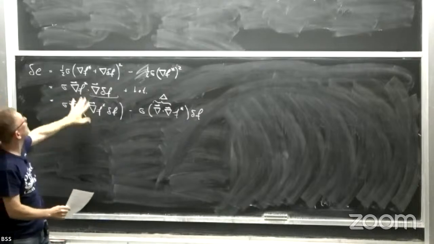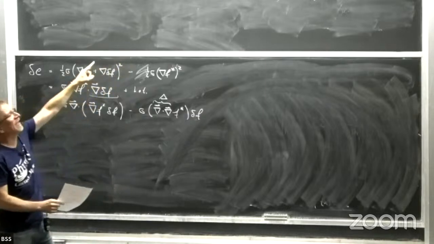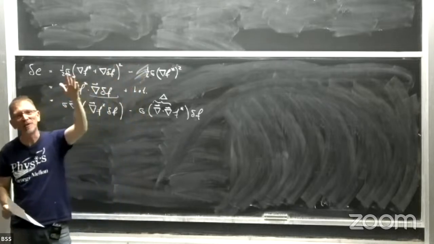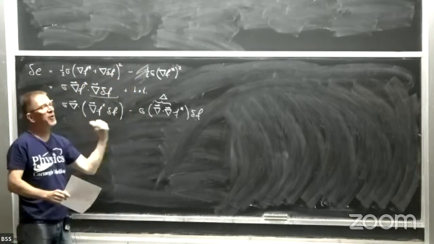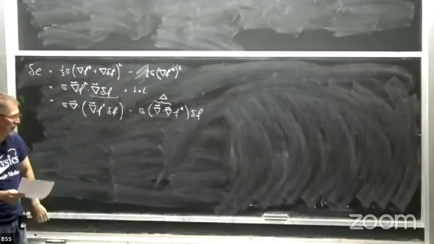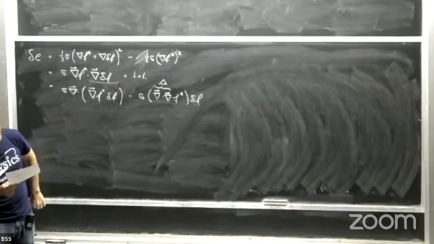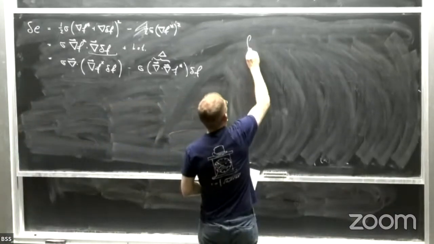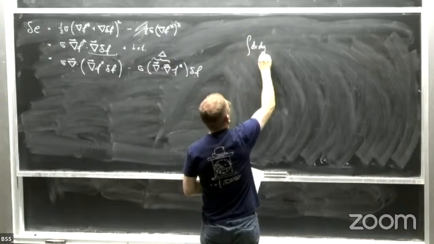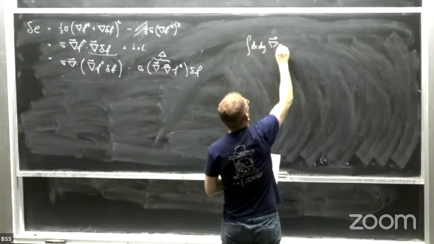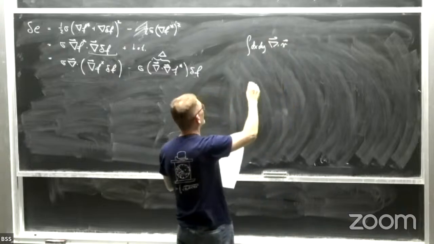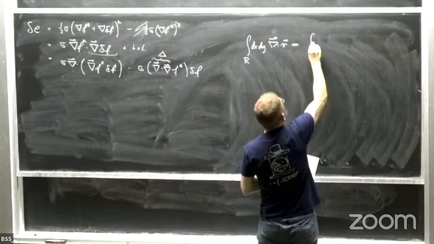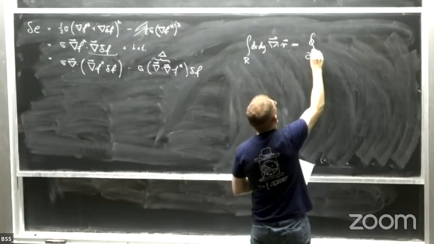And I have to do the same shenanigans for the second term. For the second term, it's a bit harder because there are 2 derivatives hanging on f. So there will be 2 derivatives hanging on delta f. So I need to do this unburying twice. But OK, it's just a little bit more work. And if you do so, and you use Stokes' theorem, which says that the integral dx dy of something like the divergence of some vector field, over some region R, then by Stokes, this is equal to the boundary integral over the boundary of that region.